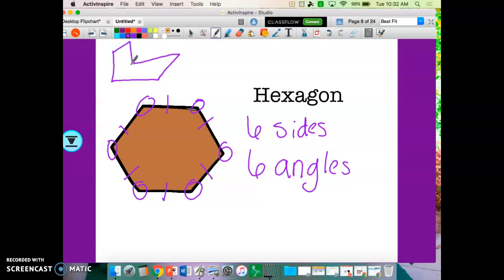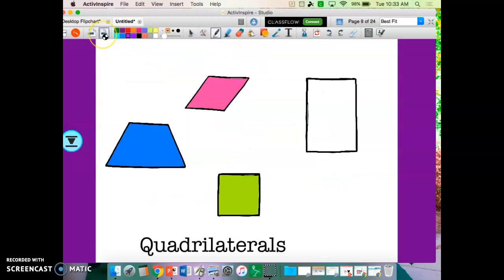So it could look like that, could look like that, or anything else. As long as it has 6 sides and 6 angles, it would qualify as a hexagon.